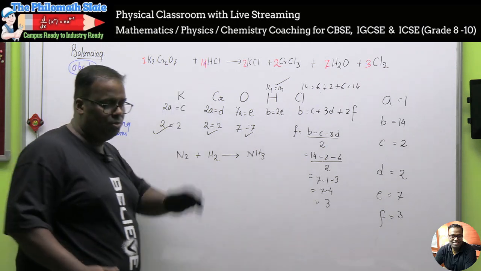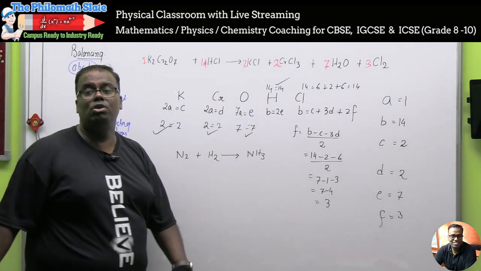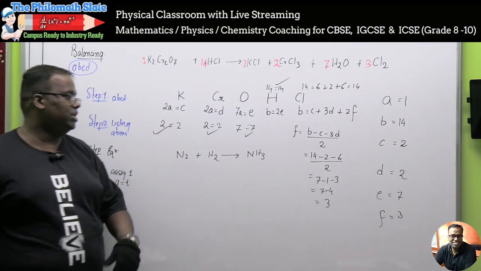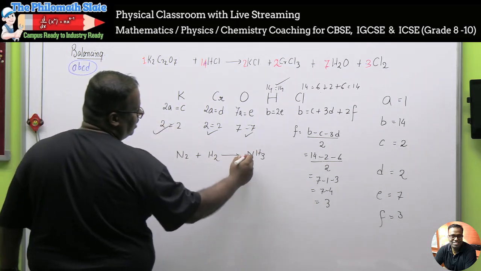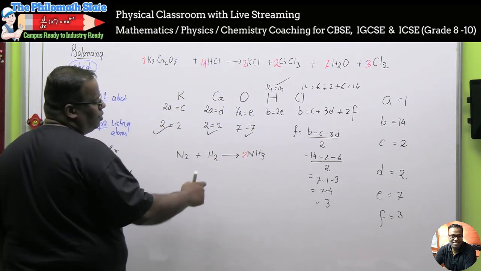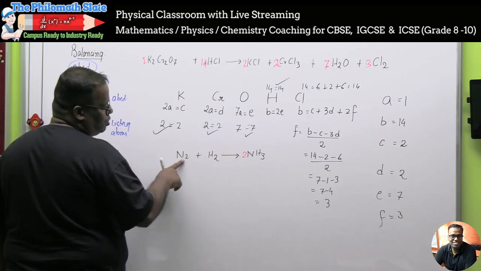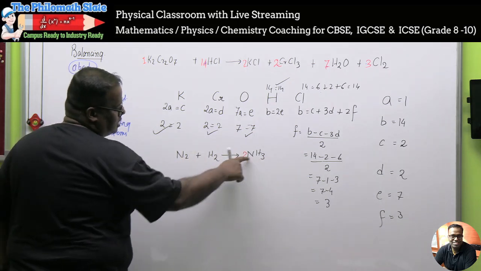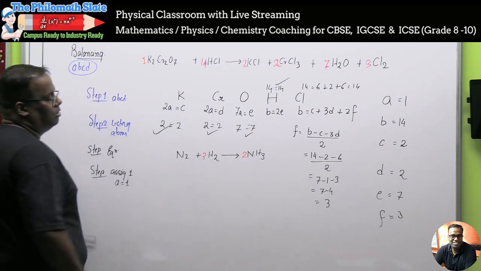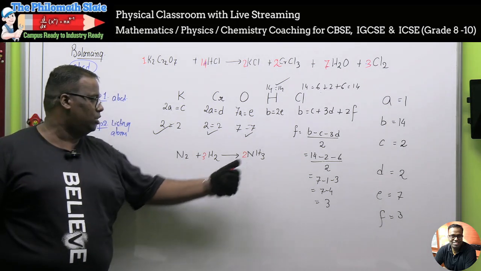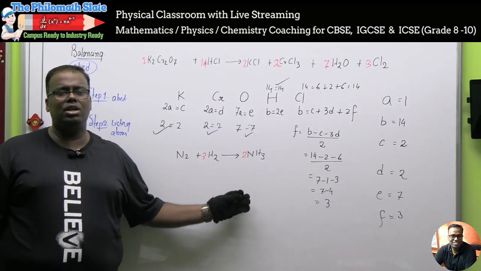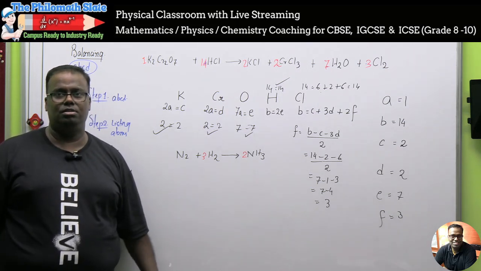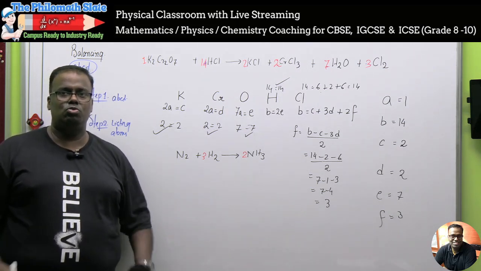If you try this equation by the ABCD method, you will be losing time. This will be done by hit and trial. 2 and 3, always the LCM. If we put a 2 here, how much does it become? 2 nitrogen, tallied, and 6 here. Put a 3 here, and it is tallied. Nitrogen 2, hydrogen 6, balanced.